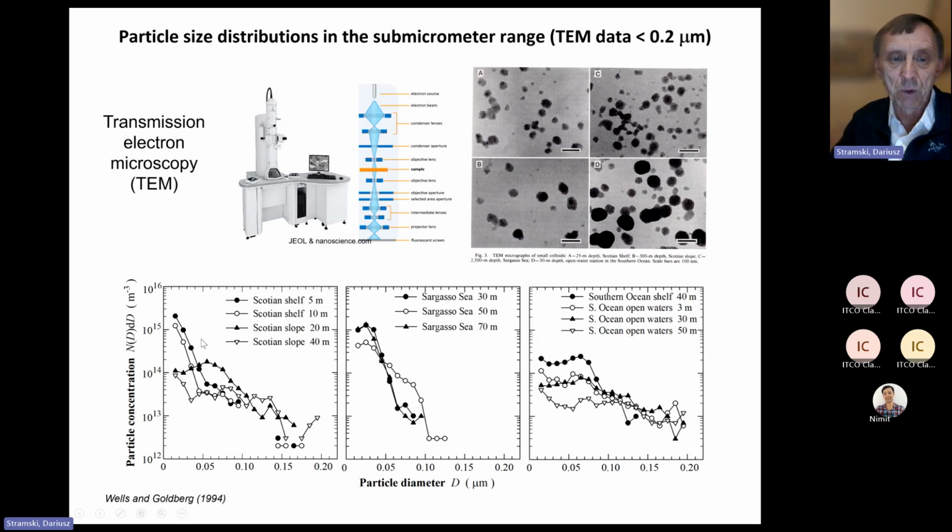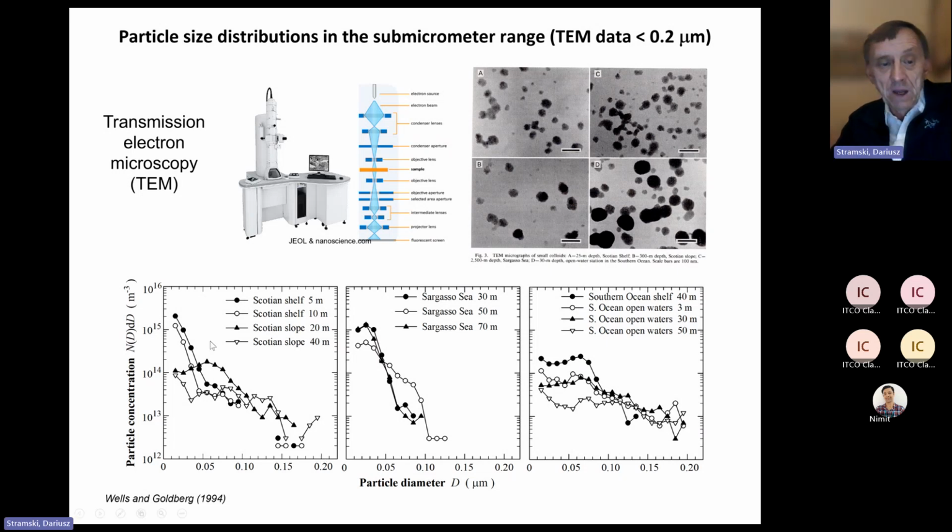Here you see example data obtained with transmission electron microscopy in different oceanic regions. So you can see basically on the vertical axis concentration of particles versus size, and the size here is from 0.2 micron to less than 0.05 micron. So we are talking about nanoparticles smaller than 200 nanometers.